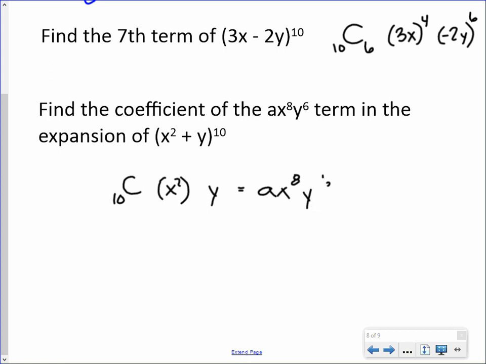I sort of do the same thing with my setup. There's a combination, there's the first term to a power and the second term to a power. And then I use whatever term they're telling me: what are the exponents in that term? What do you know has to be true about these exponents in order to get x to the 8th and y to the 6th?